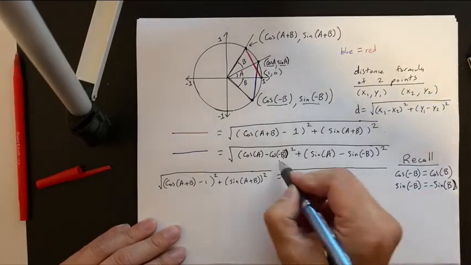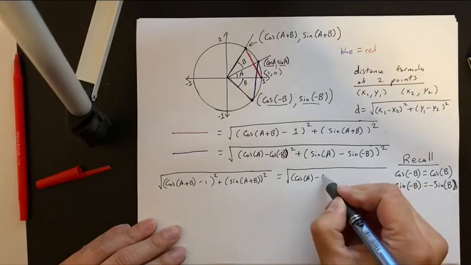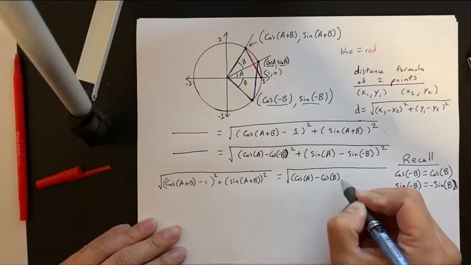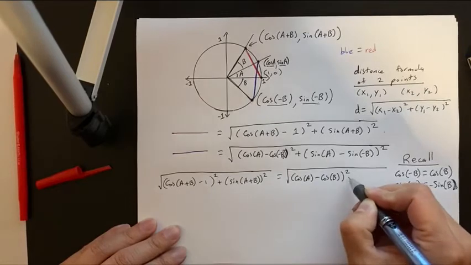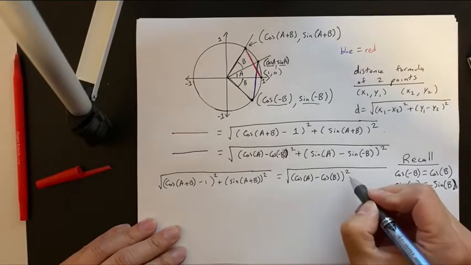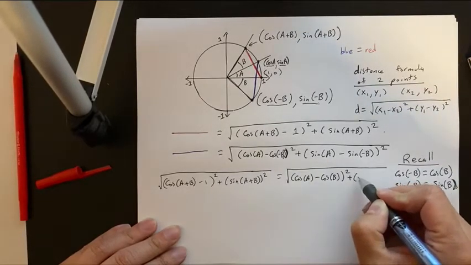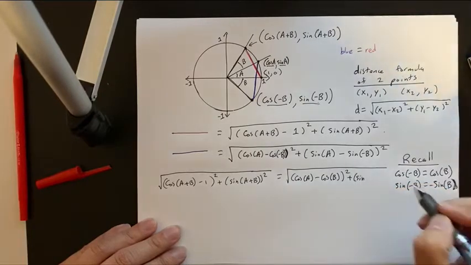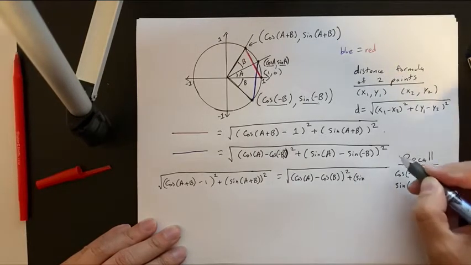So right here, I'm going to apply it right away. It will be cosine of b squared. Okay, all right, I'm going to try to squeeze this in.